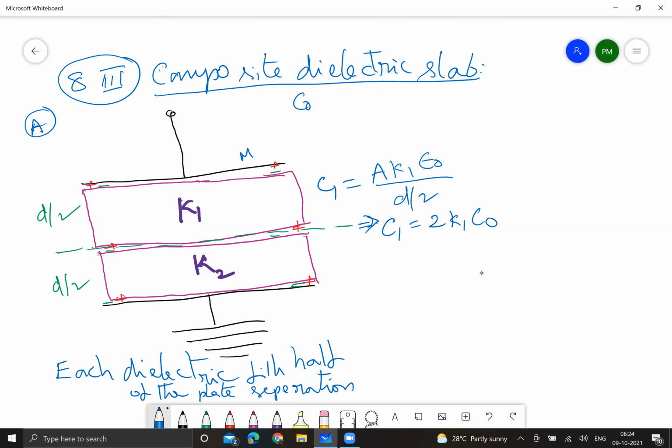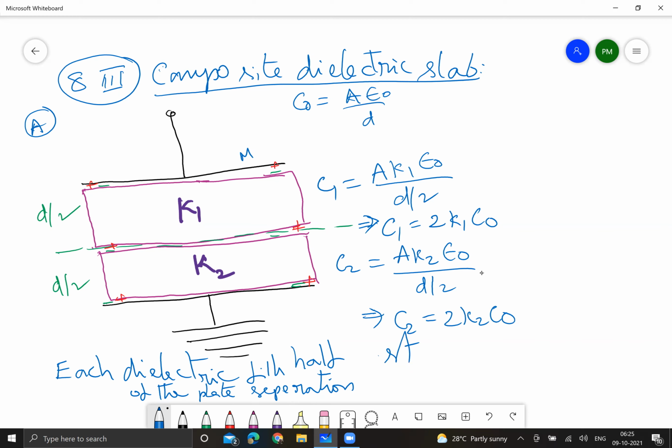You know, C0 is A epsilon 0 by d. And the other half of the capacitor plate with the other dielectric will have the capacitance A K2 epsilon 0 by d by 2, which implies C2 will be 2K2 C0.